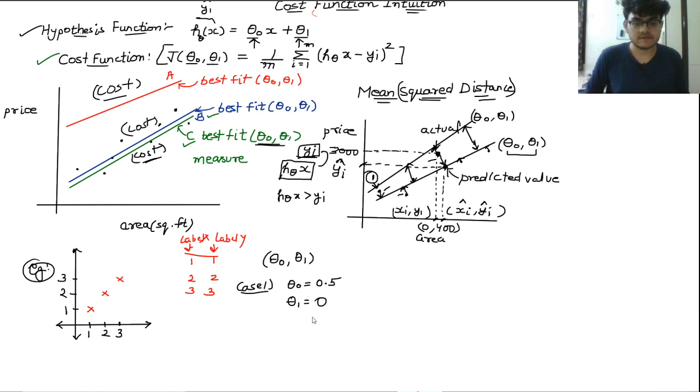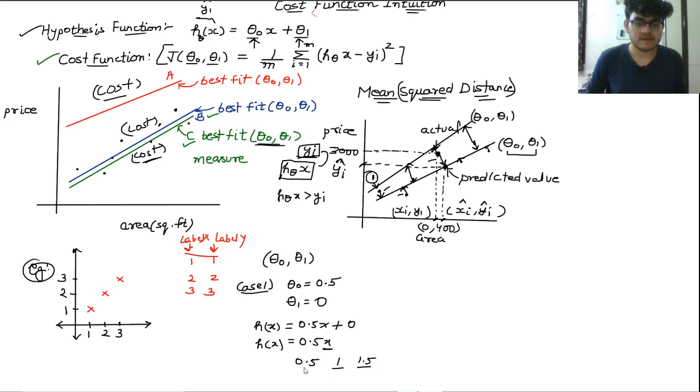So if theta 0 is 0.5 and theta 1 is 0, what will be our hypothesis function? 0.5x plus 0, so it will be equal to 0.5x. If I put 1 in x, I will get 0.5. If I put 2, I will get 1. If I put 3, I will get 1.5.